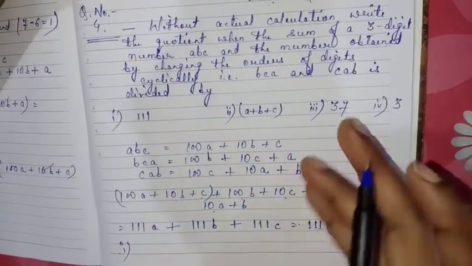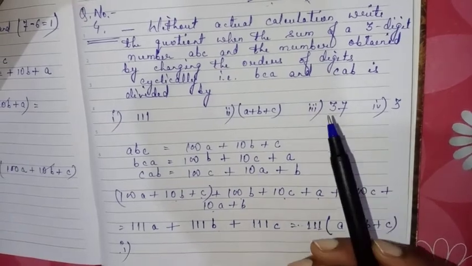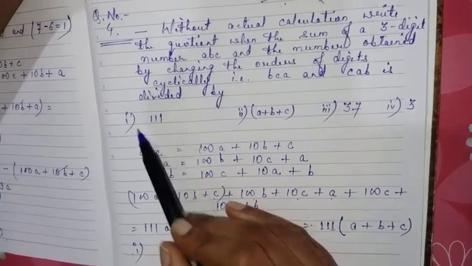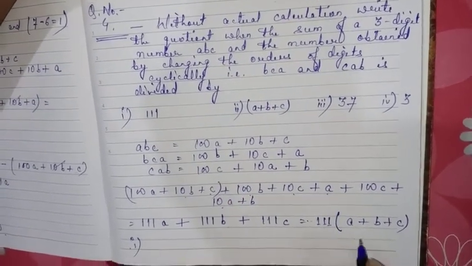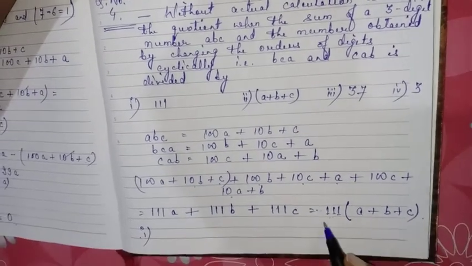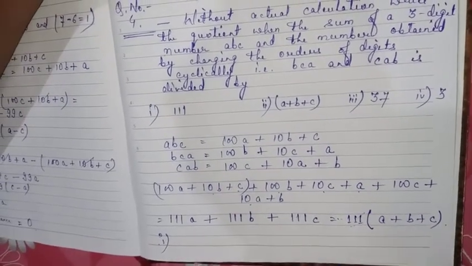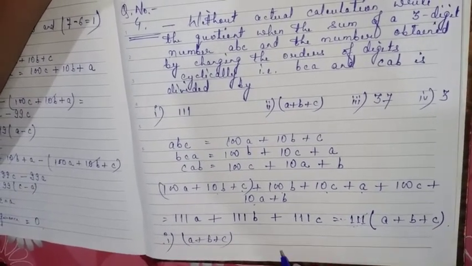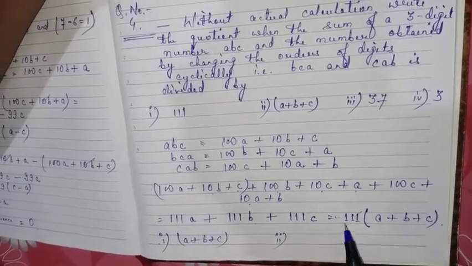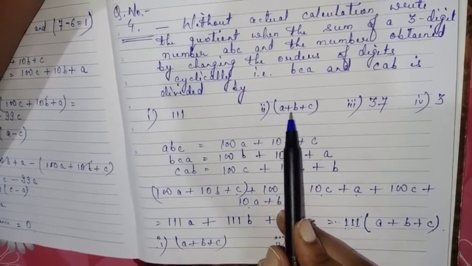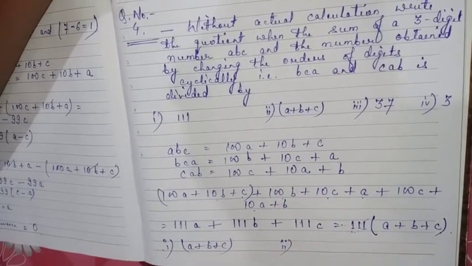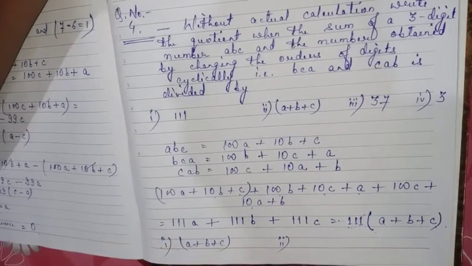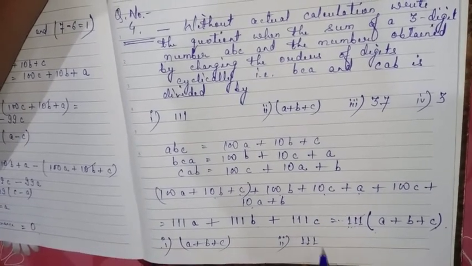So from question 1, if you divide the sum by 111, 111 and 111 get cancelled and you will get the answer A plus B plus C. Then for second, if this number is divided by A plus B plus C, that cancels and the answer will be 111.